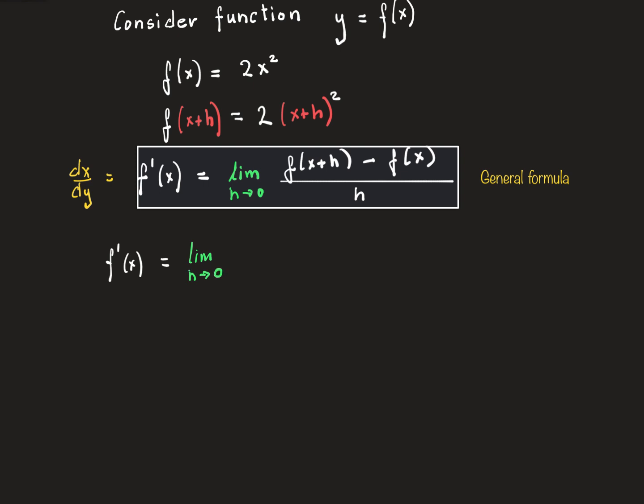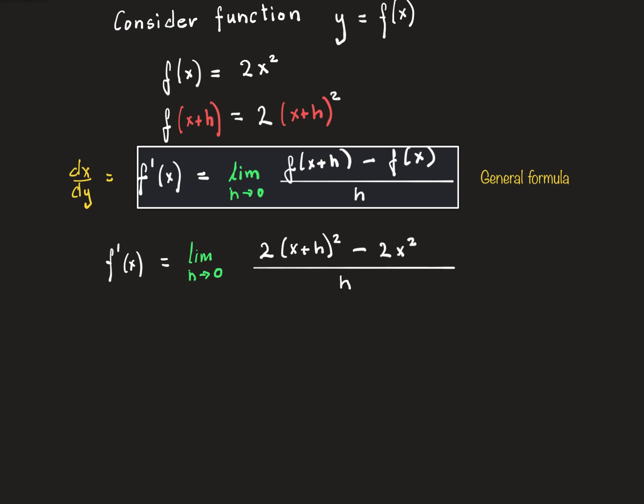And now we will insert the function f(x + h), which is here. So we'll put down 2(x + h) all squared, and then I take away the original function, which happens to be 2x squared. And now I can divide it by h again.